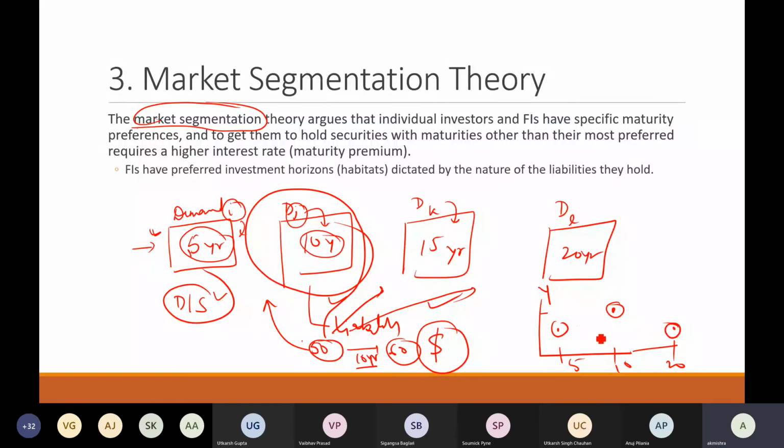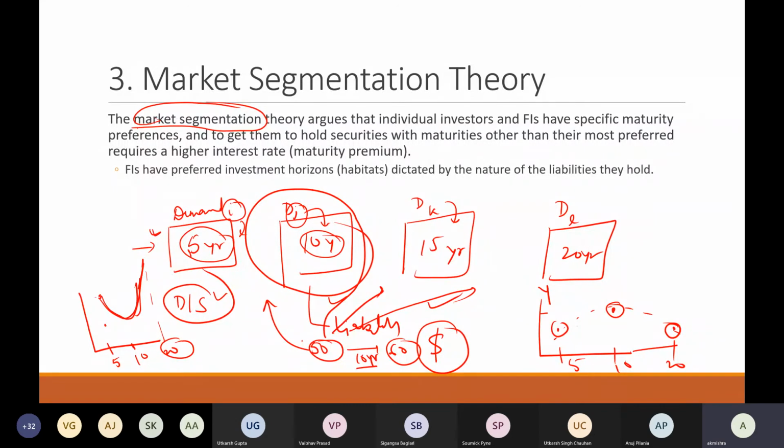So probably you may have this type of curve, or you can think of another scenario: low demand for 5-year, high demand for 5-year, least demand for 10-year and highest demand for 20-year. That could also be a scenario. So you will have a U type or J type of pattern in your yield curve.